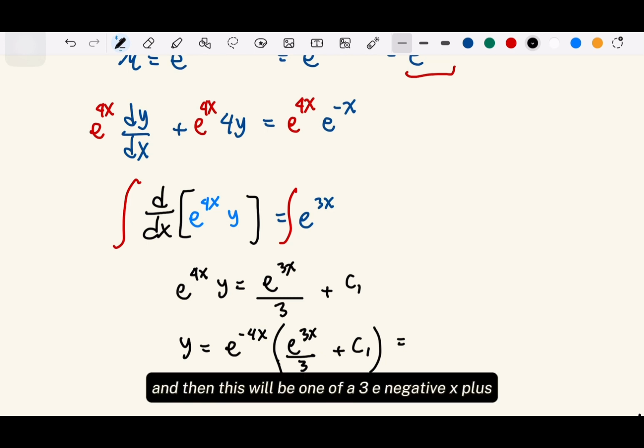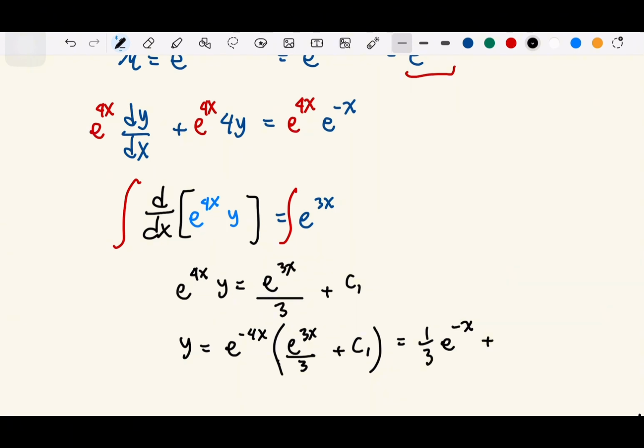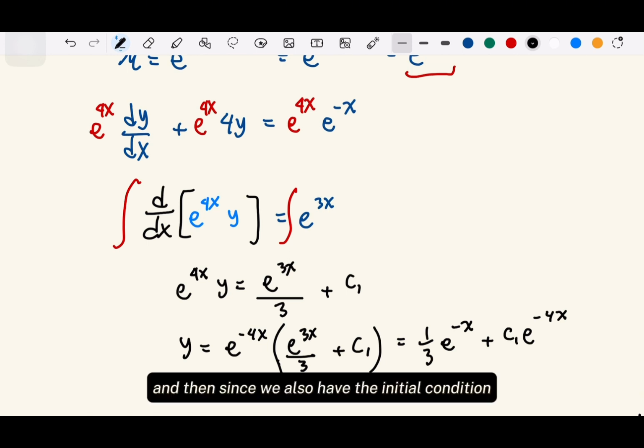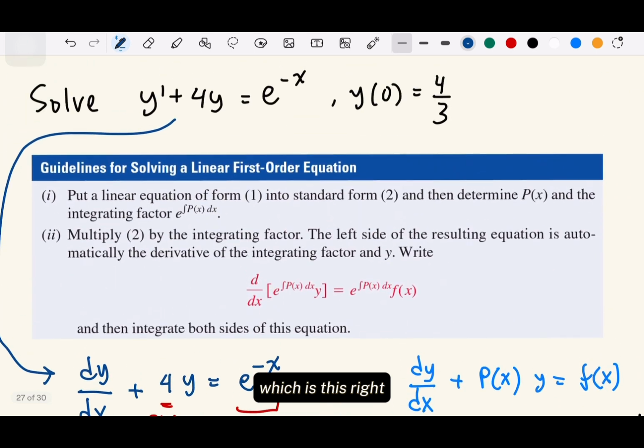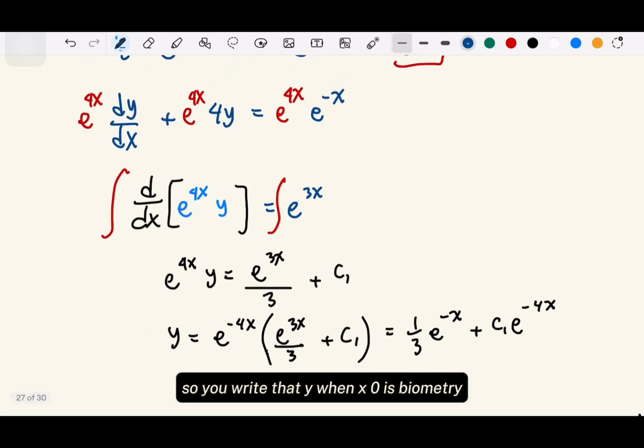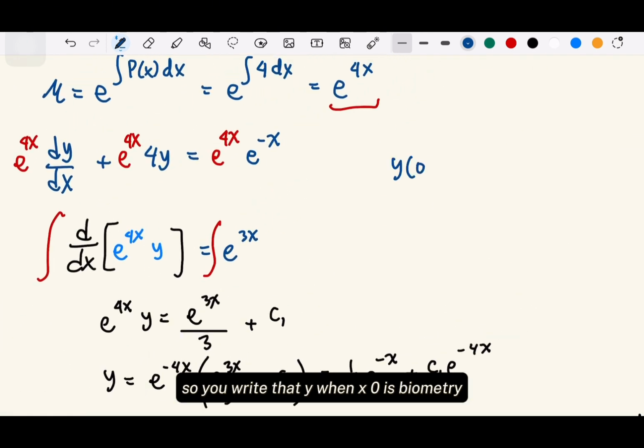And then this will be 1 over 3 e to the negative x plus the constant. And then since we also have the initial condition, let me write that y at x equals 0 is 4 over 3.